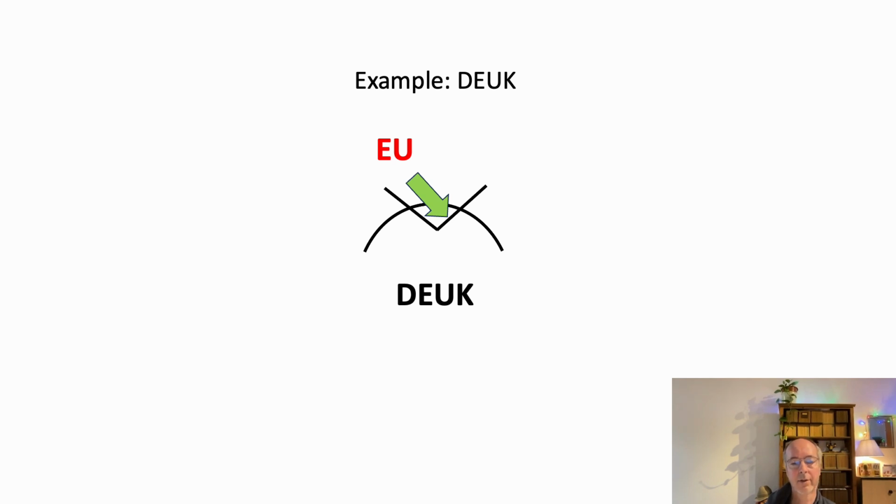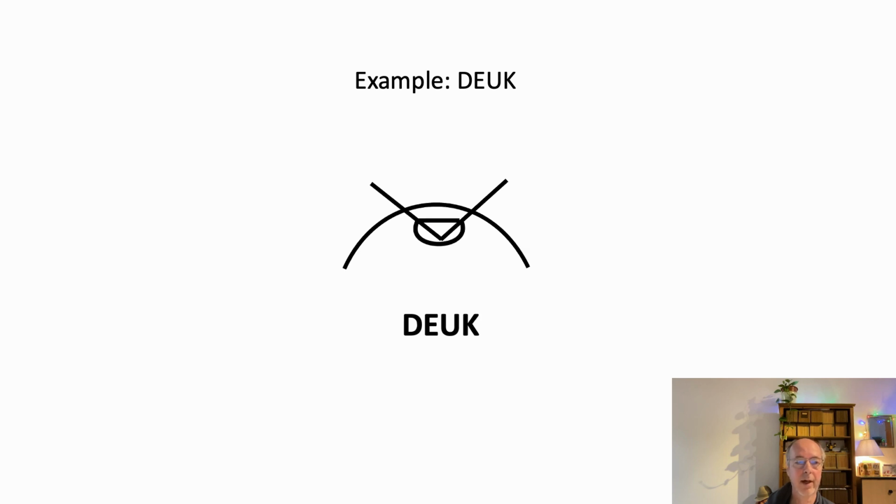Actually, I can express this better because of the inwardly pressing, the inwardly focus, let's say, there. I can make the breaking point go towards the inner part. And this is actually enough to have the DEUK or dent inside.